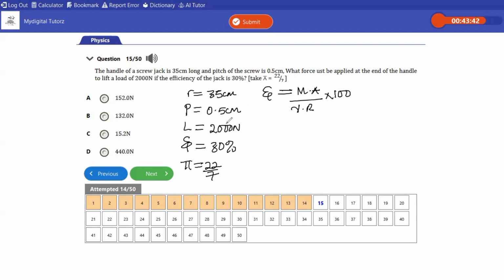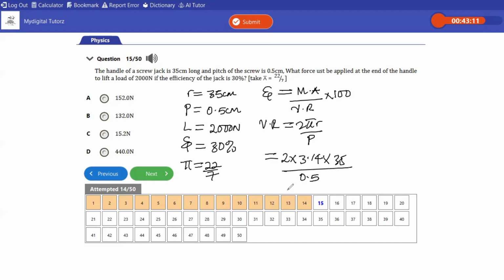Since the machine used here is a screw jack, what is the velocity ratio for a screw jack? Remember, each machine has its respective way of calculating the velocity ratio. So for a screw jack, velocity ratio is given to be 2 pi r over pitch. So by so doing, you're going to have 2 multiplied by 3.14, which is 22 over 7, multiplied by the radius, which is 35, all over the pitch, which is 0.5.